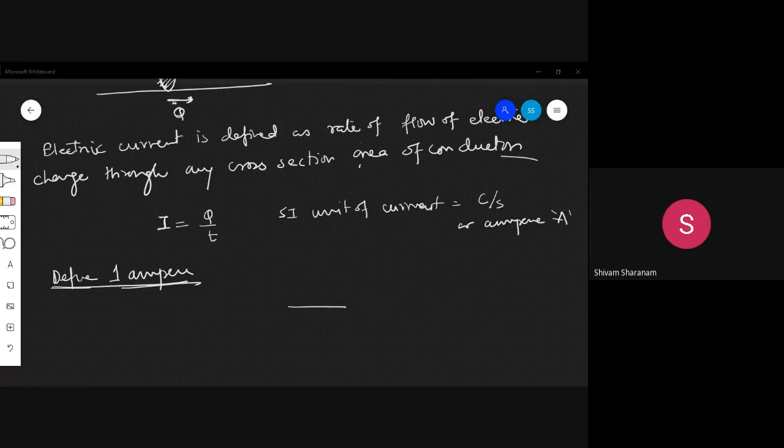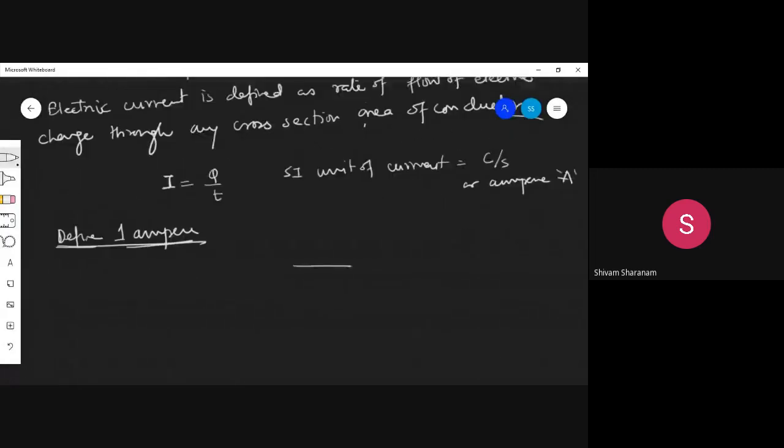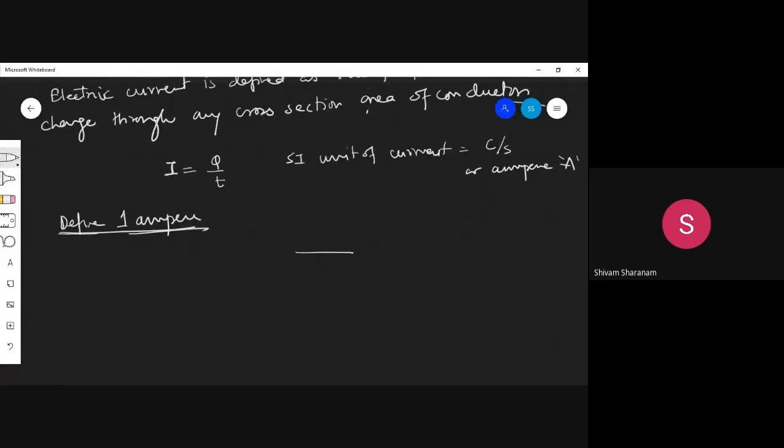Suppose we have to find the instant current at a particular instant. So we can write I is equal to dq by dt, where the limit delta t tends to 0. This is how we find instant current. Yes or no?